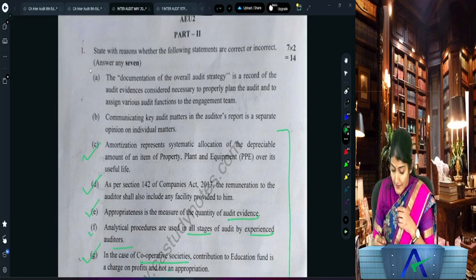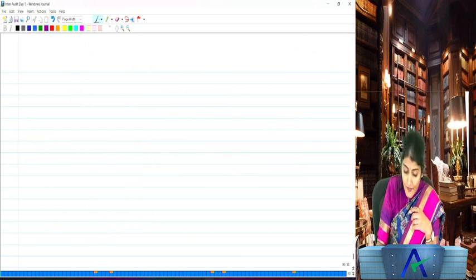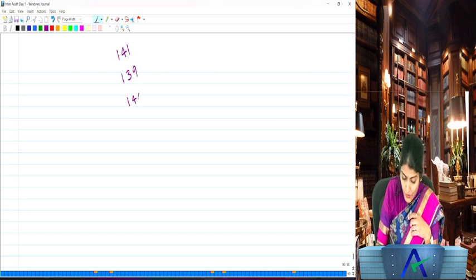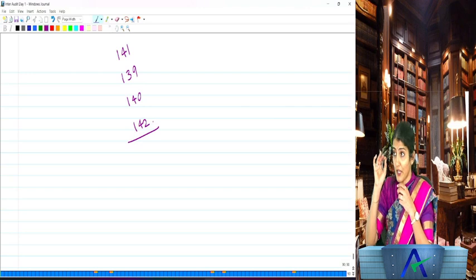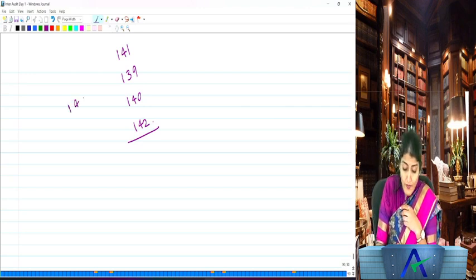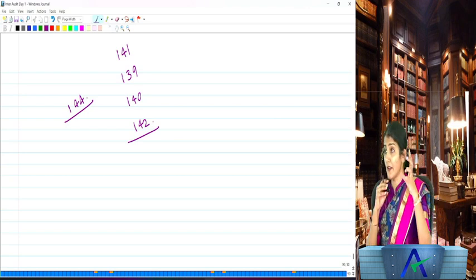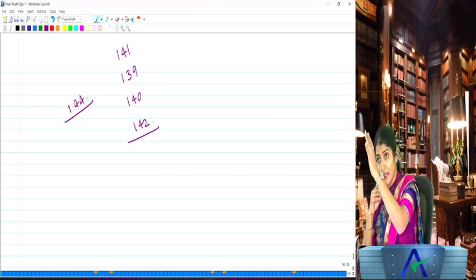Okay, so what have we discussed? Section 141, Section 139, Section 140 and Section 142, which is regarding the remuneration of the auditor, and 144. Who decides the remuneration of the auditor? The company in the general meeting or the manner determined therein.